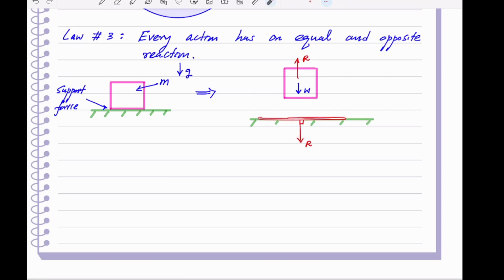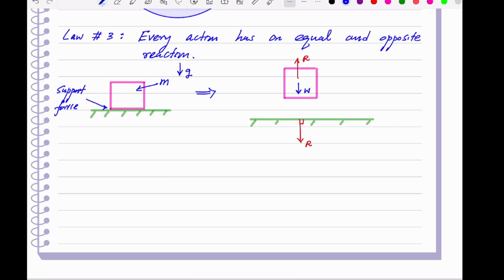Then this floor is going to give an equal and opposite reaction on the object, which is this. So these two are called action and reaction.